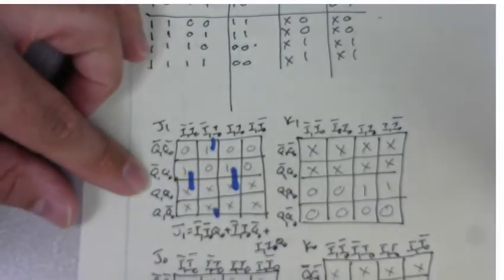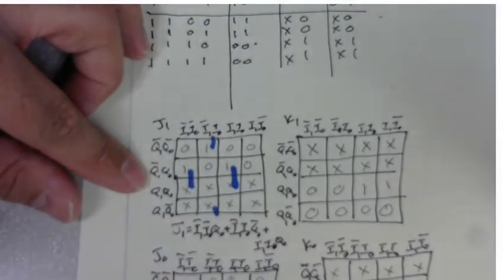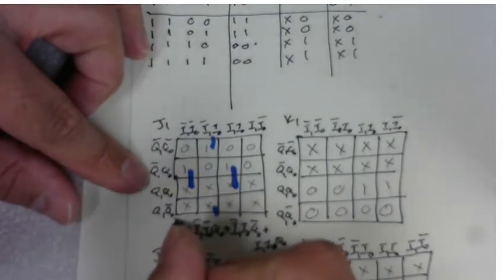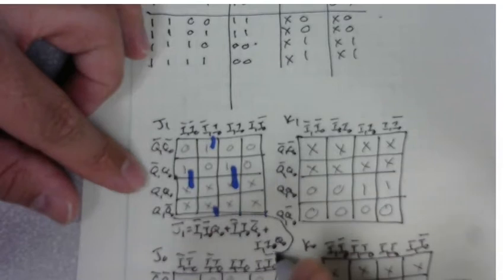So 3 terms, each of them have 3 variables, but that's our equation for the first one.